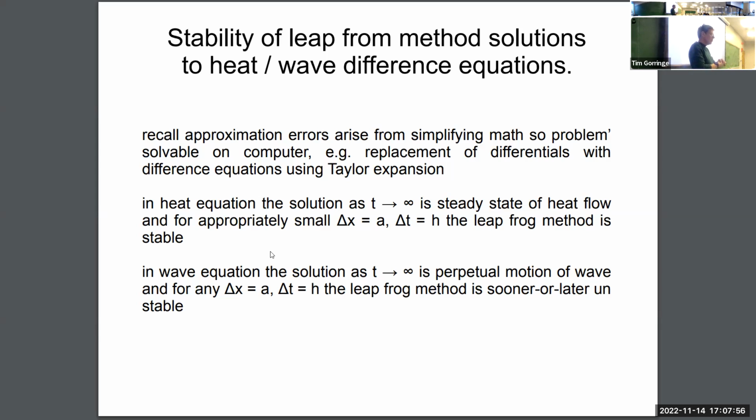And that turns out to lead to a stable difference equation solution. As long as you pick a fine enough grid in space and time, your solution to the heat equation will be the stable, steady state solution of the steel rod dropped in the water bath or the window pane between the hot indoors and the cold outdoors.